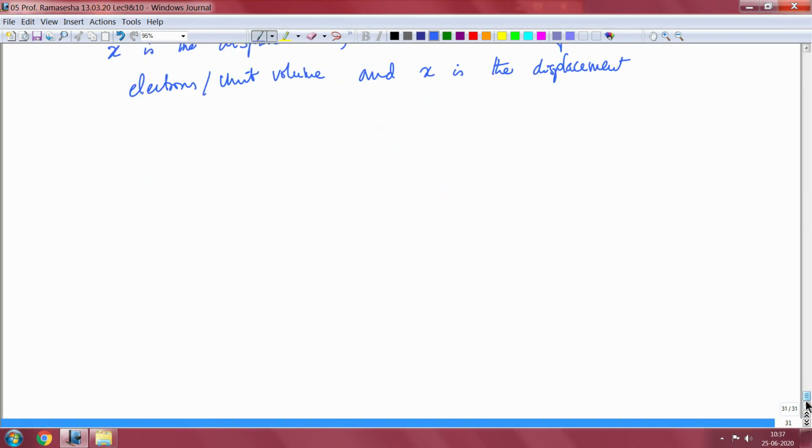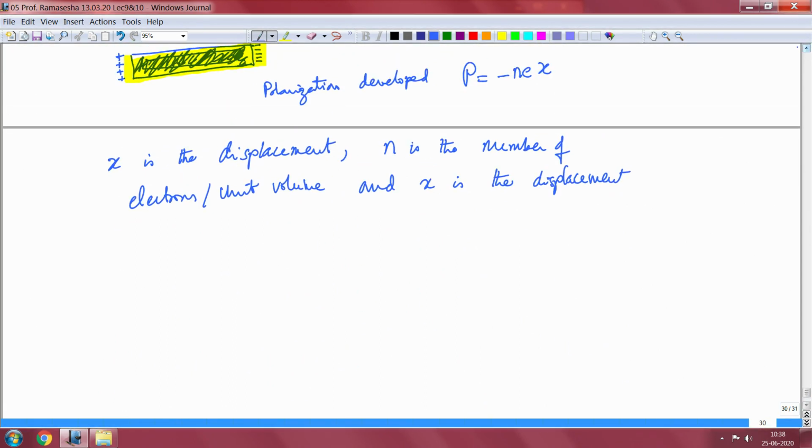Given this, from the polarization we can calculate what the electric field is. The electric field is given by E is equal to 4 pi P. So the electric field now becomes minus 4 pi NEx.